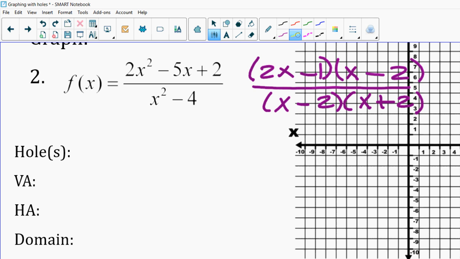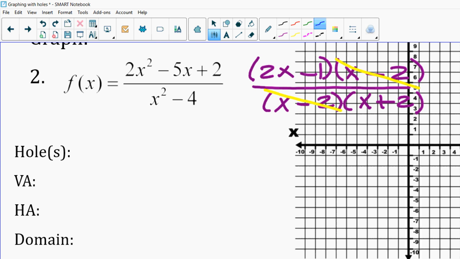Denominator's a difference of 2 squares. You have a common factor that you can factor out. X minus 2, good.